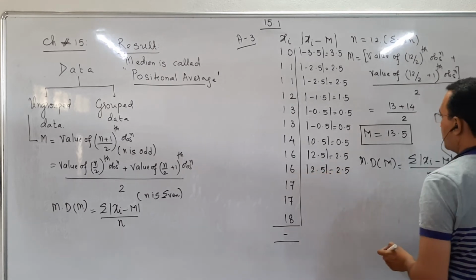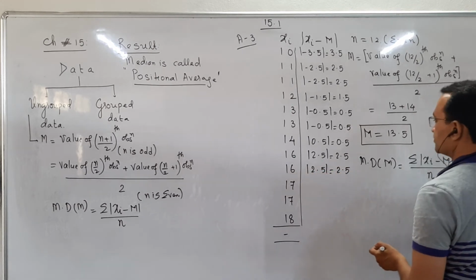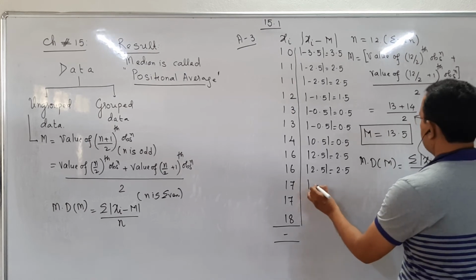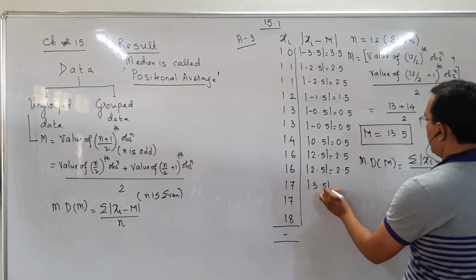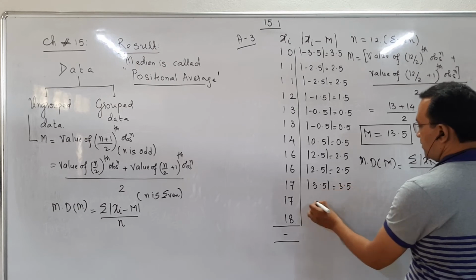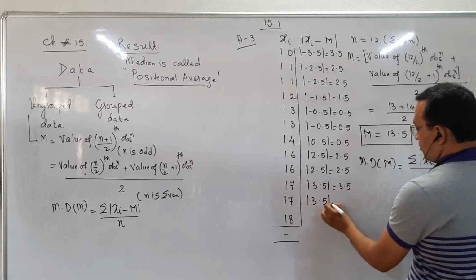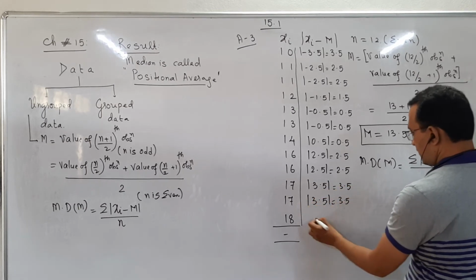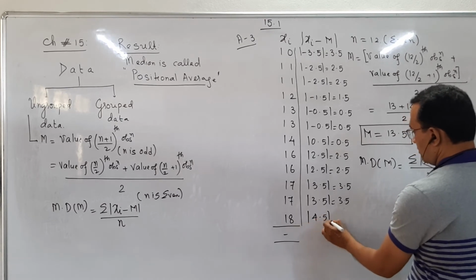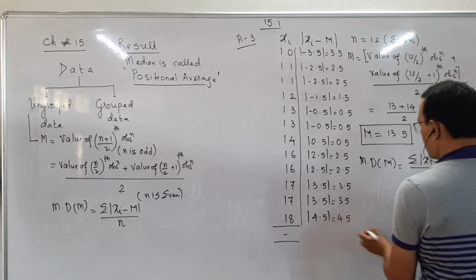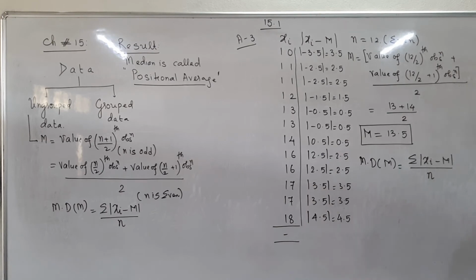Its mod is 2.5. 17 minus 13.5 is 3.5. Its mod is 3.5 here. 3.5, mod is 3.5 here. 4.5, mod is 4.5. So all the mods are in decimal.